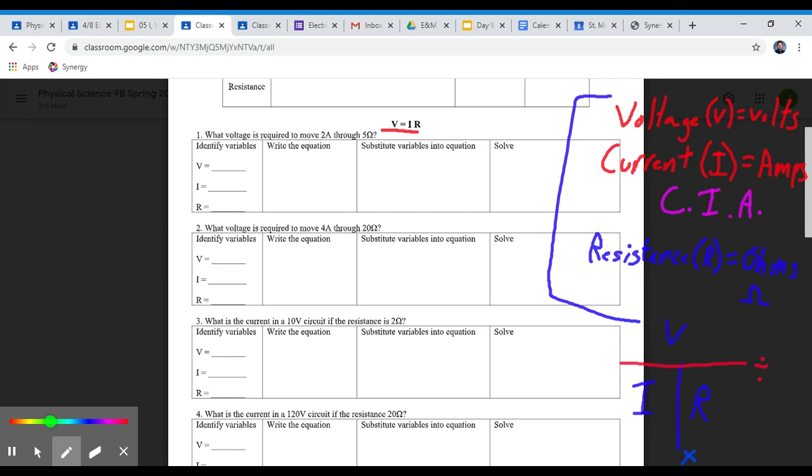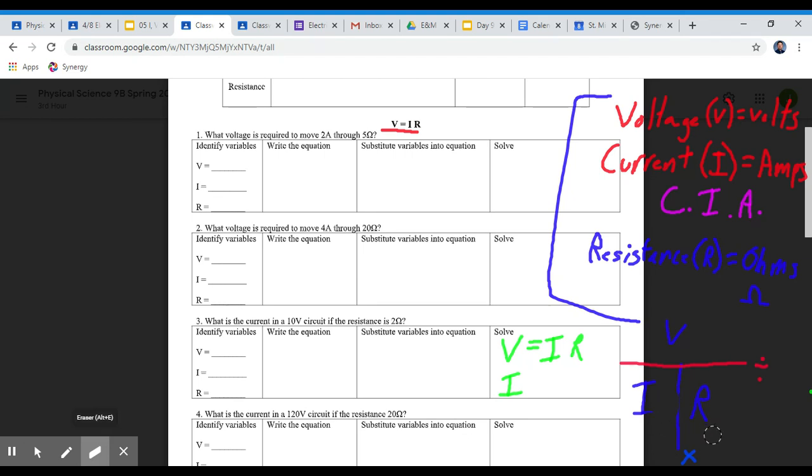So if I am solving for voltage, in order to solve for voltage, we have to use current and resistance. And current and resistance are separated by that multiplication line in the middle. So we have to multiply the two. All right, now let's say I wanted to solve for current.